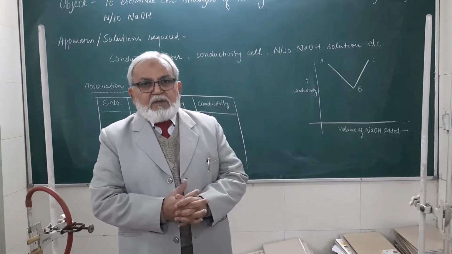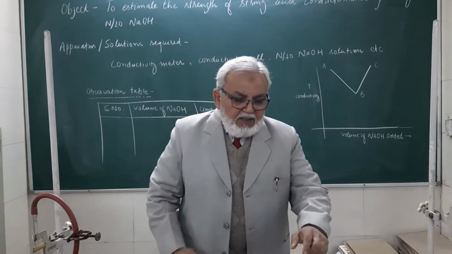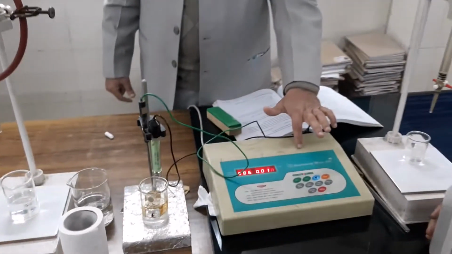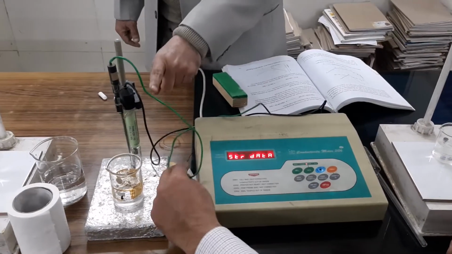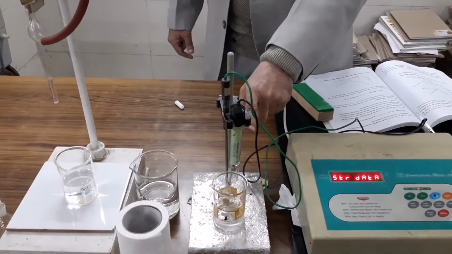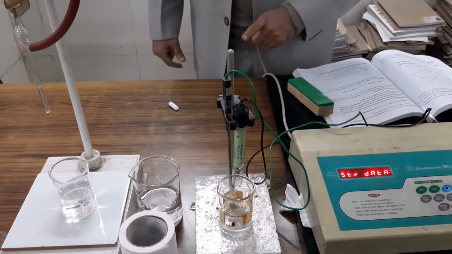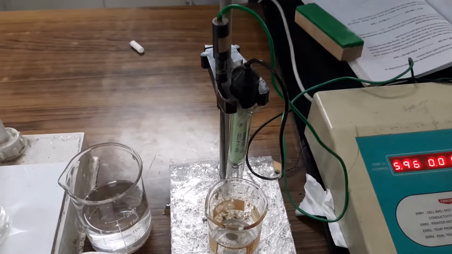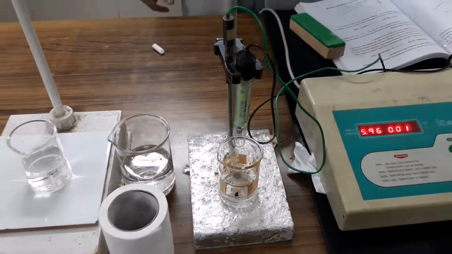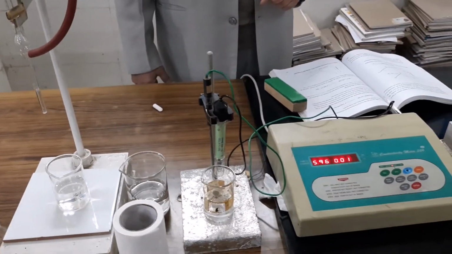Before starting the experiment, I can show you that this is the conductivity meter and this is the conductivity cell, and this conductivity cell is dipped into the solution for which we are determining the conductivity.